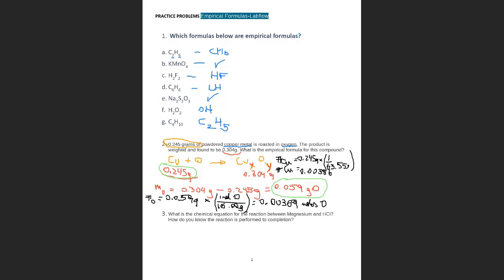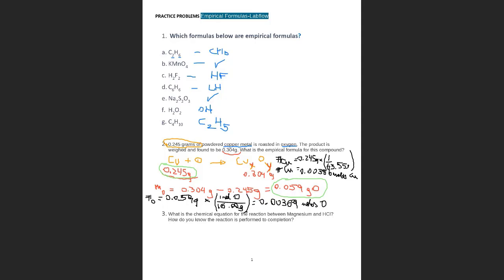Yeah, okay, I get 0.00386 moles of copper. I can stay at the end and see what's happening with your calculator. After I finish the recording, we'll go over that.